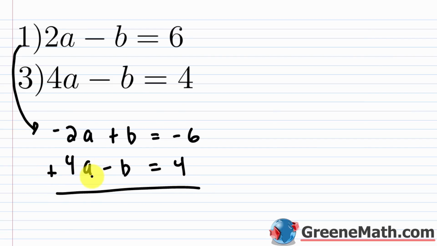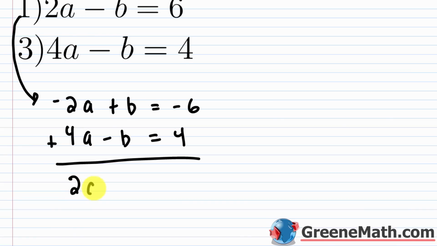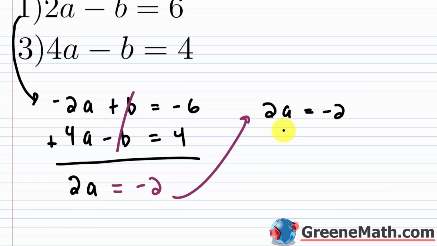So negative 2a plus 4a, that's going to give me 2a. b minus b, that's going to cancel. So this equals negative 6 plus 4, that's going to be negative 2. If you have 2a is equal to negative 2, well, you can divide both sides of the equation by 2. This cancels. And you get a is equal to negative 2 over 2 is negative 1.